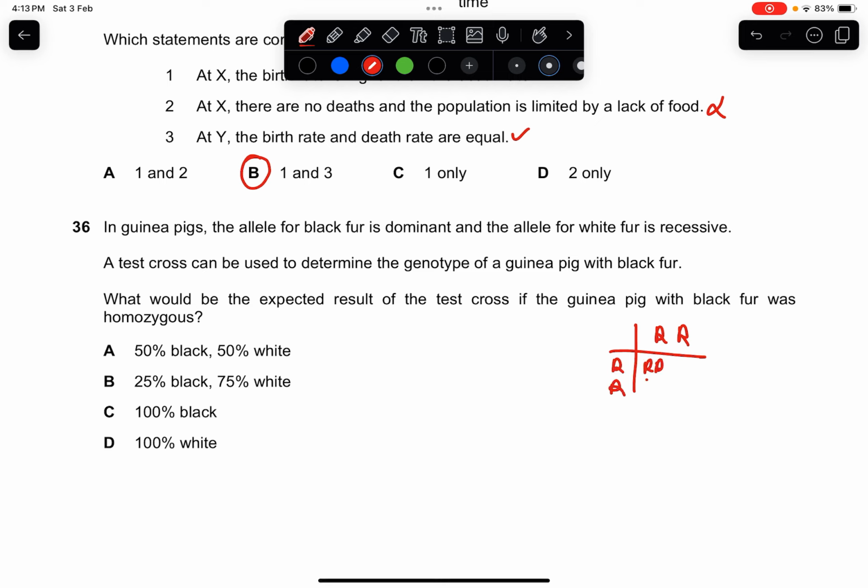If I cross them, the offspring are 100% black because homozygous. The moment they give the keyword homozygous, you must be referring to RR already because the black fur is dominant.